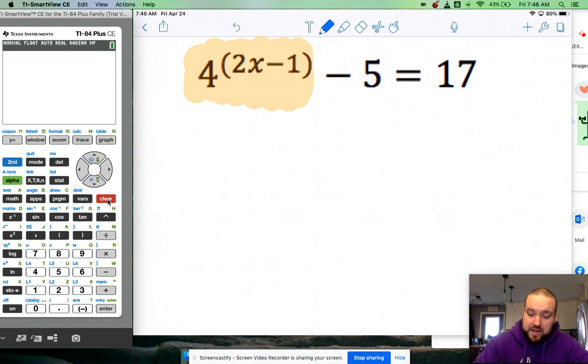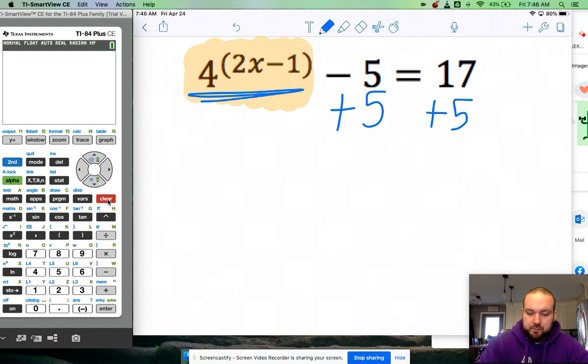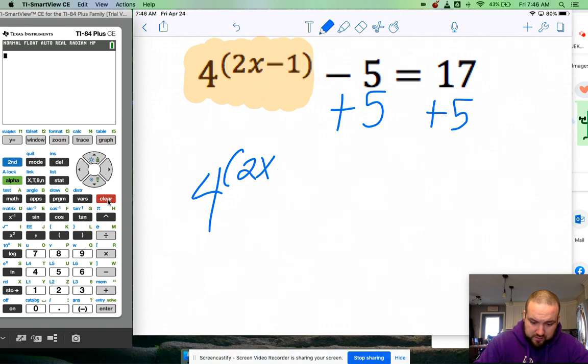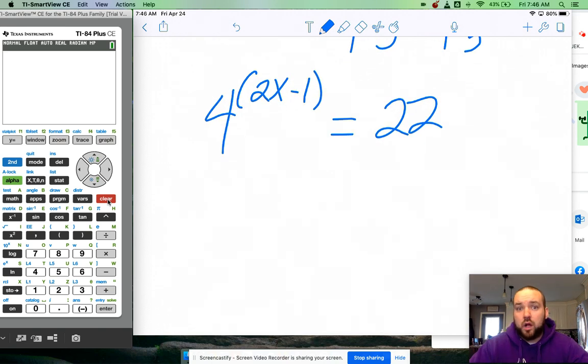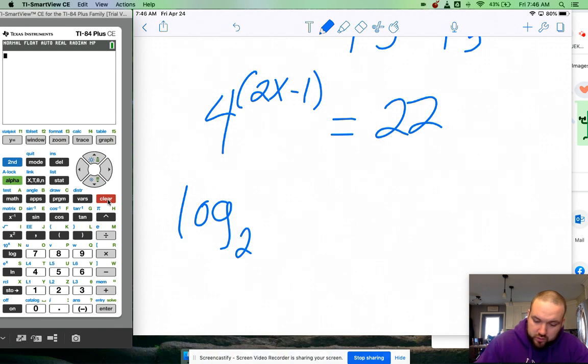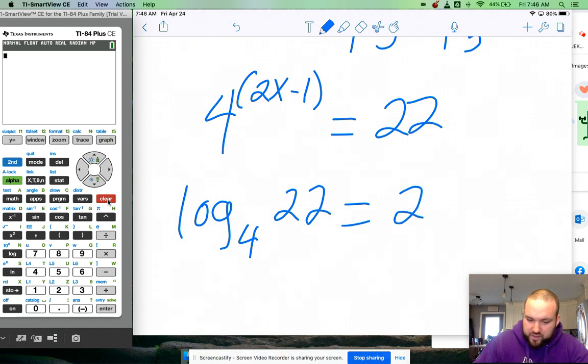But before I do that, I need to move this 5 to the other side and isolate the exponential piece. So here I have 4 to the power of 2x minus 1 equals 22. Now I can rewrite this as a logarithm: log base 4 of 22 equals 2x minus 1.